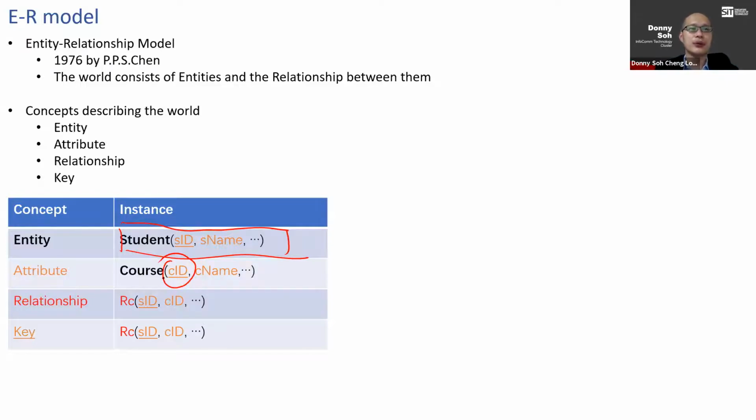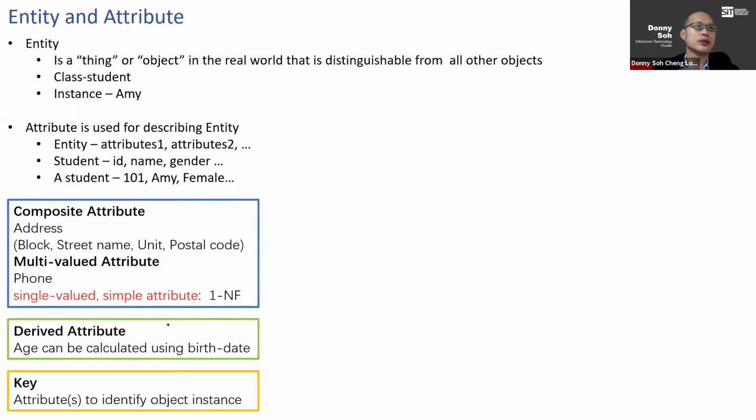Of course, we also naturally have the relationship, which is how two entities are being related, and we have the key, which is what we use to uniquely identify a certain row within a table. Okay, so we are good. This is just a lot of revision.